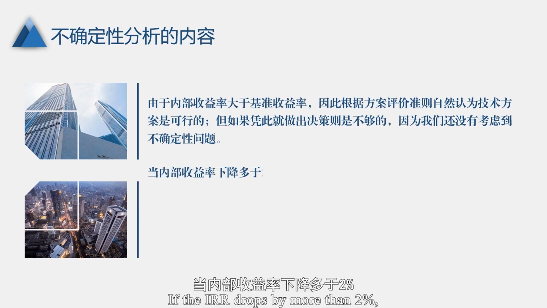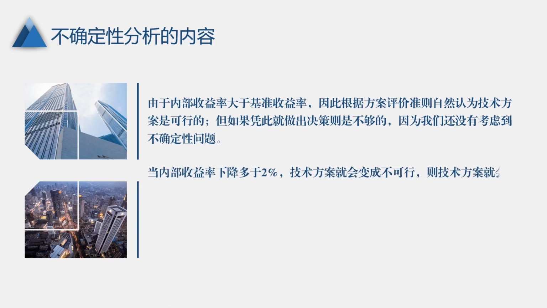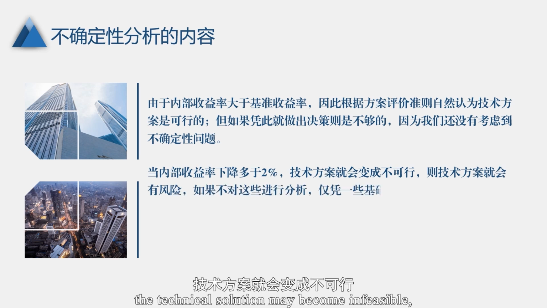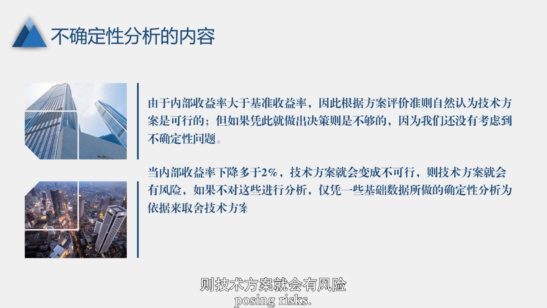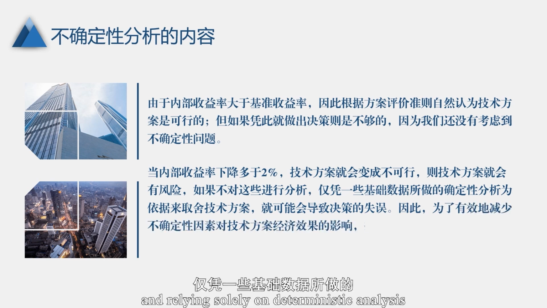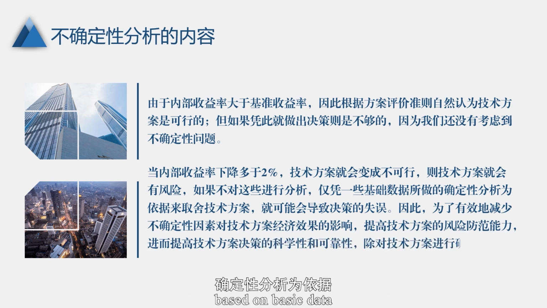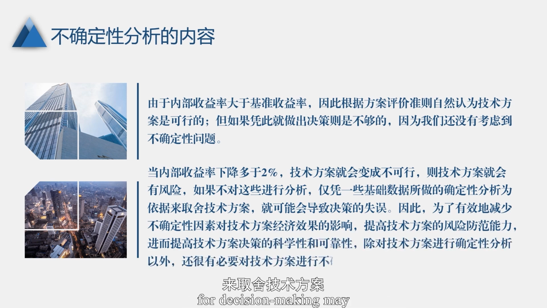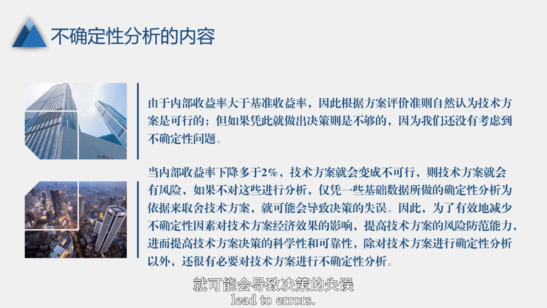If the IRR drops by more than 2%, the technical solution may become infeasible, posing risks. Ignoring these uncertainties and relying solely on deterministic analysis based on basic data for decision-making may lead to errors.